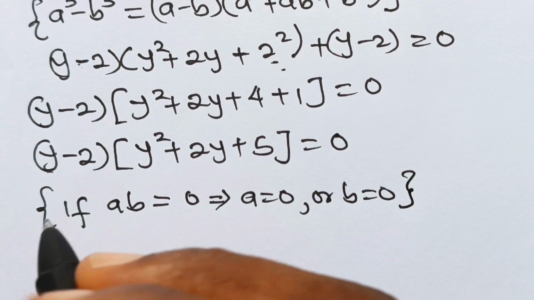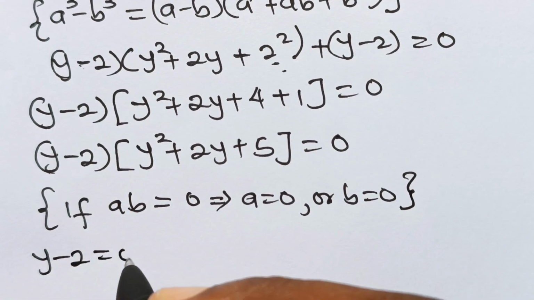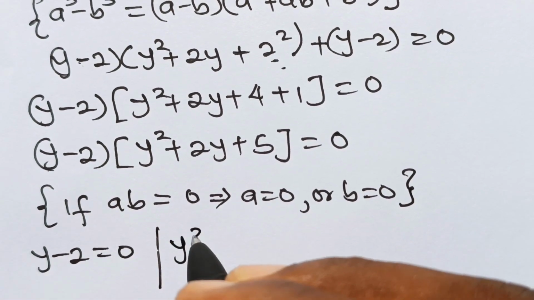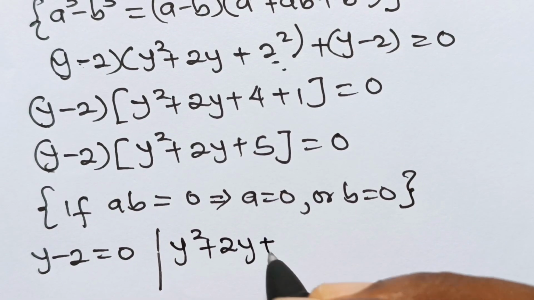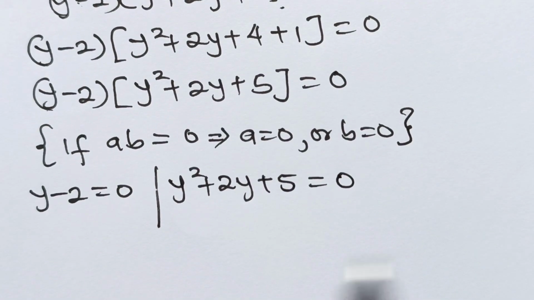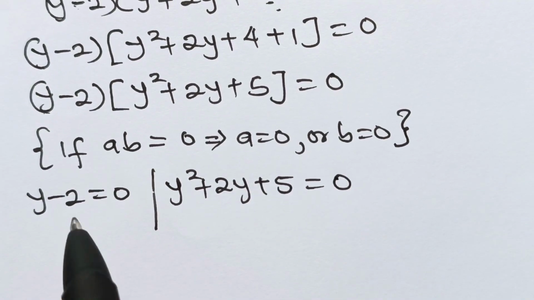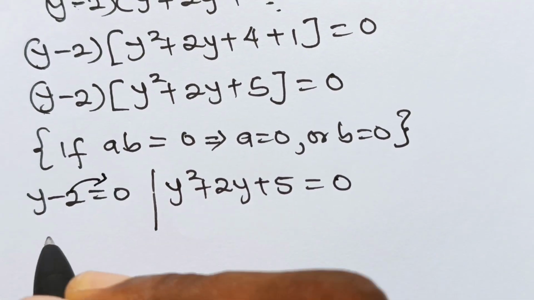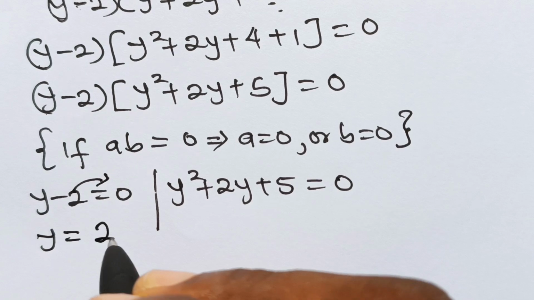So that means that either y minus 2 is equal to 0 or y squared plus 2y plus 5 is equal to 0. Now, if y minus 2 is equal to 0, if we transfer this to this side, that means y is equal to plus 2.